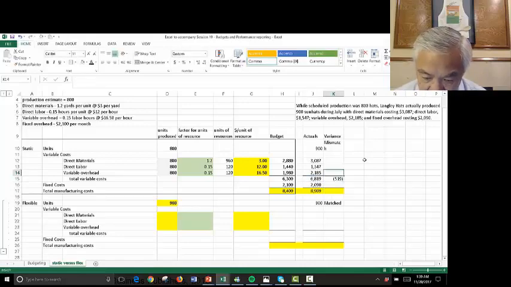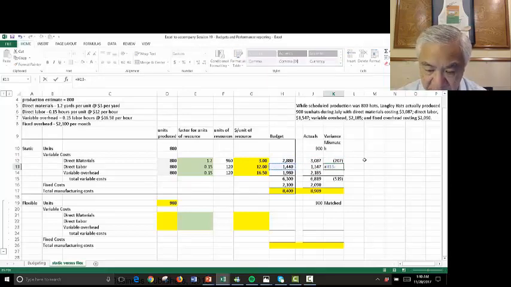So the variance. Notice that in costing, we want lower costs. So when we do a variance, we generally like a negative sign to signify unfavorable. Since we like lower cost, this equals budget minus actual. So if it's negative, that means we spent more money than our budget. We'll do that here as well. Budget minus actual.